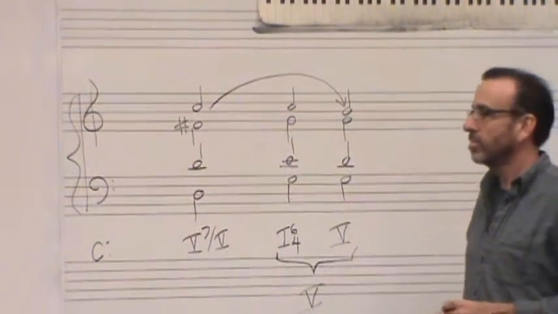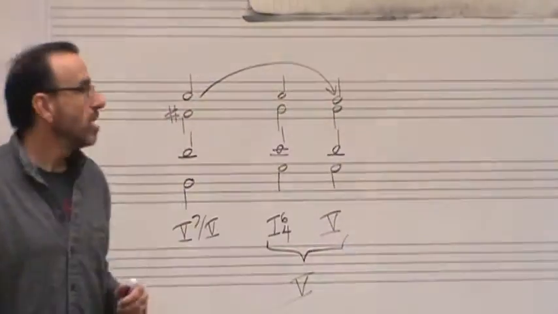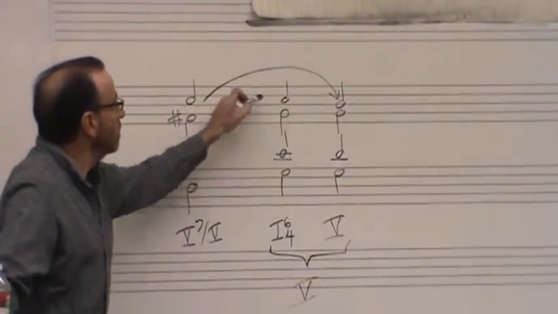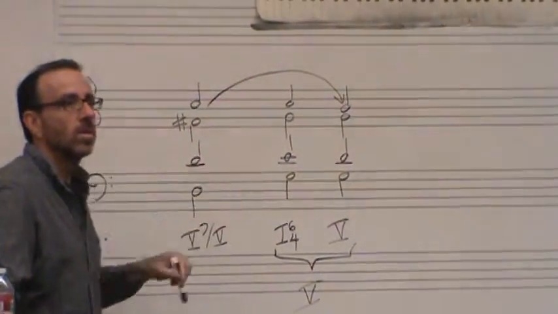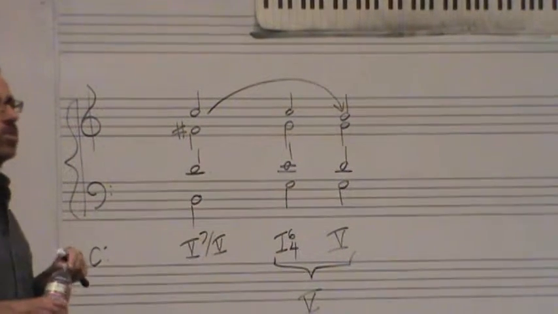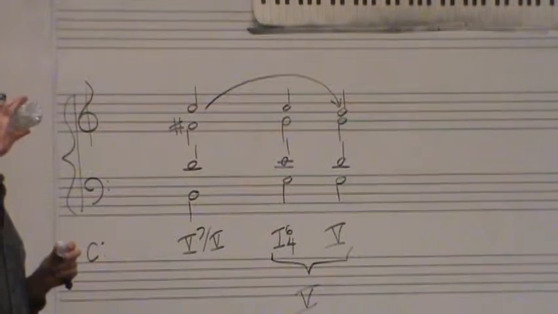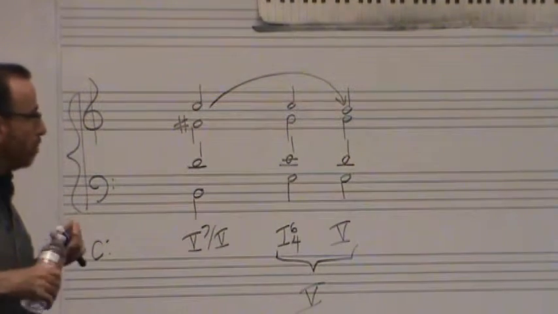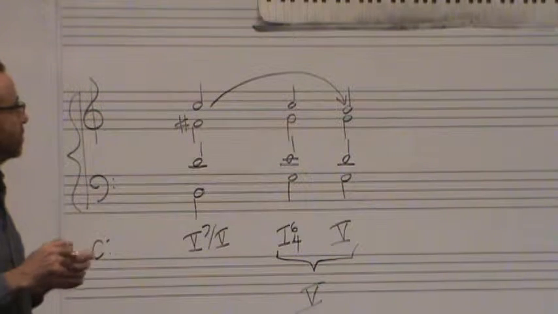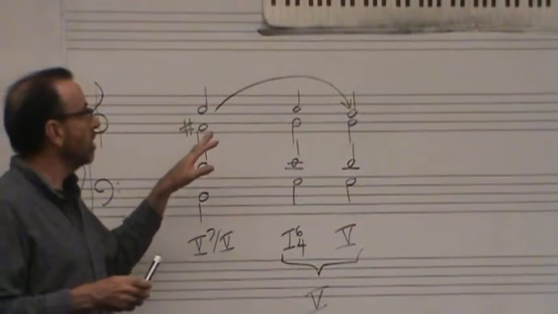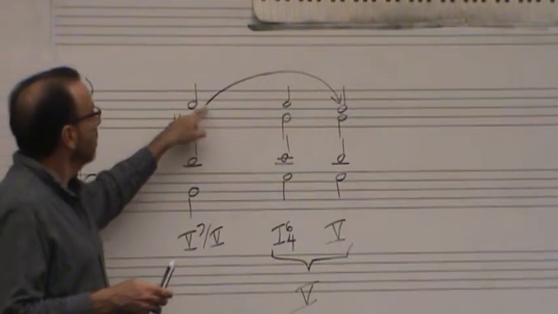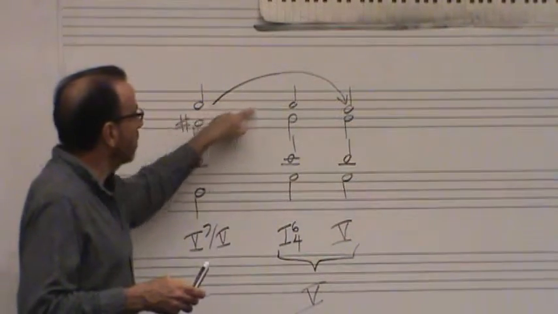Is that a suspension? Yeah, this is like a suspension, really. What kind of 6/4 would you say that is? A cadential suspension, yeah. That's always conventional. But yeah, so we were talking about non-chord tones the other day. This you can really see. I mean, this is like a non-chord tone, right?